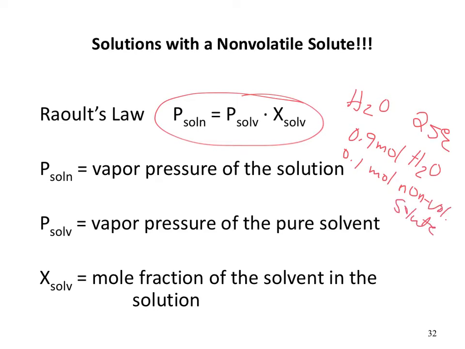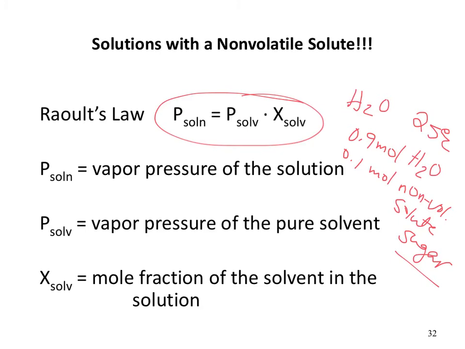So let's call that sugar. Okay, so you can hopefully see that the part which is non-volatile is not going to contribute to the vapor pressure. The only thing that can go through this evaporation process and convert from liquid phase to the gas phase is the molecules of water in this particular case.